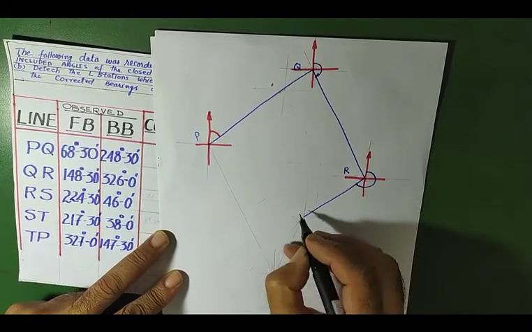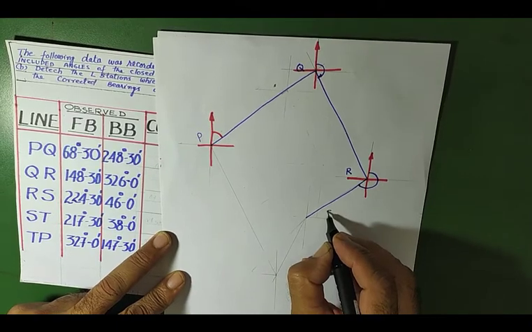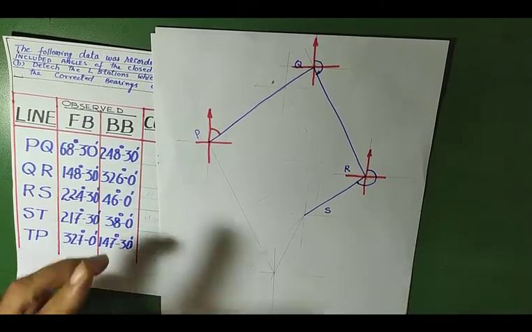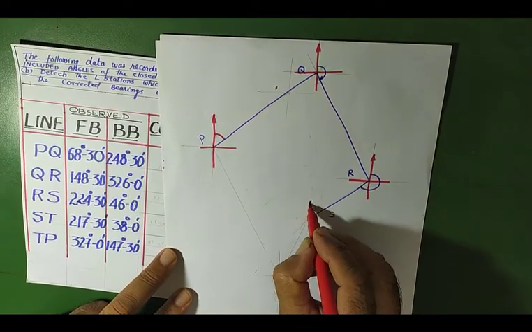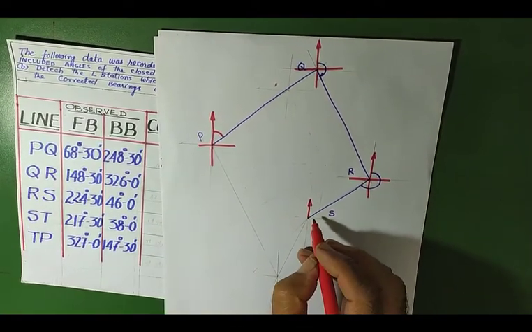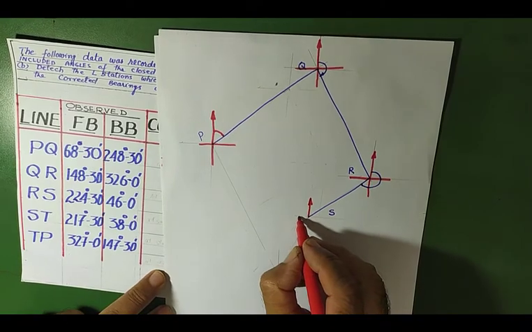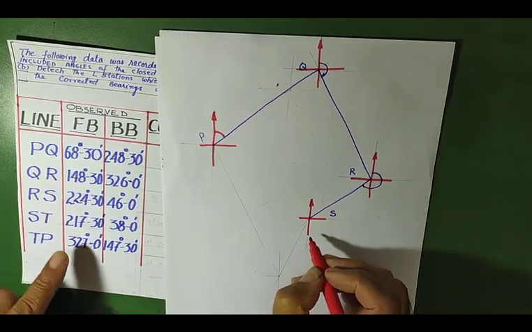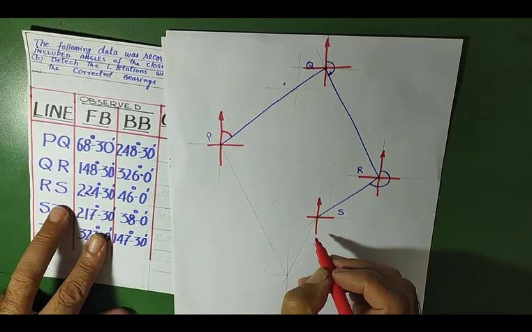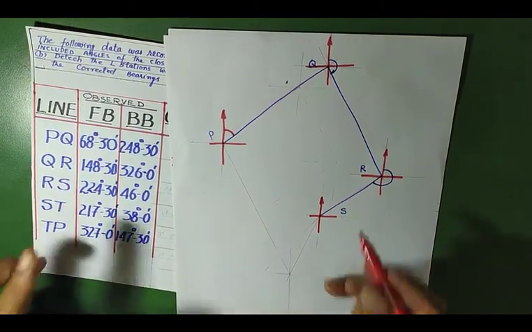Then over this you take this point as S. At S again you draw the 4 directions, or you will draw the north line, okay. This is the north line. Then the bearing of the next line ST is given as 217 degree 30 minutes.